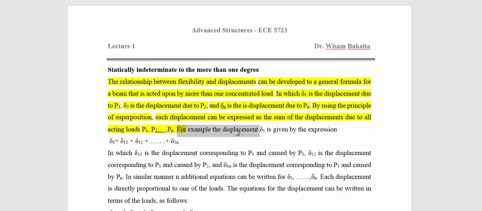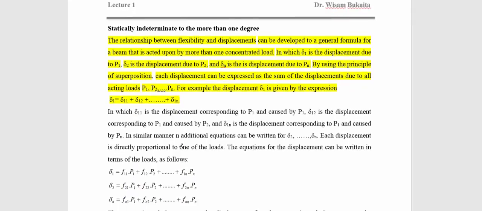For example, the displacement delta 1 is given by the expression delta 1 equals delta 11 plus delta 12 plus delta 1n, in which delta 11 is the displacement corresponding to P1 and caused by P1. So delta 11 is at the position of P1 and is due to load P1.